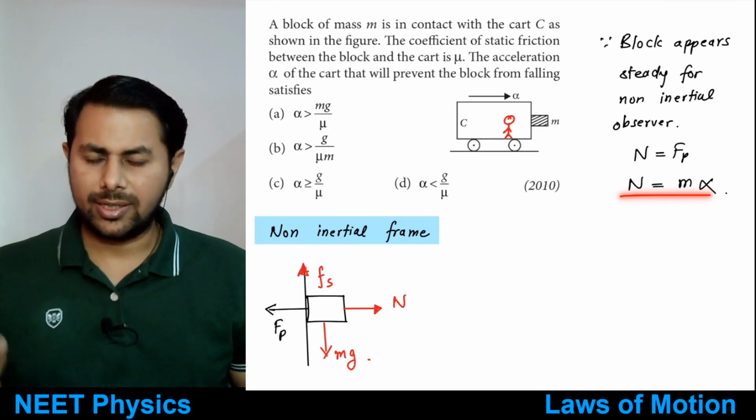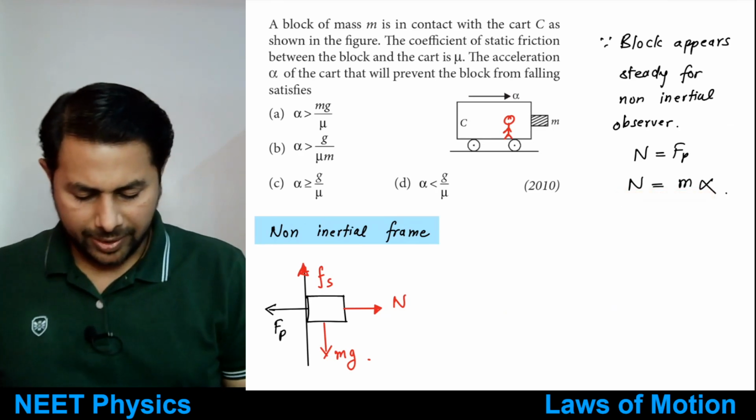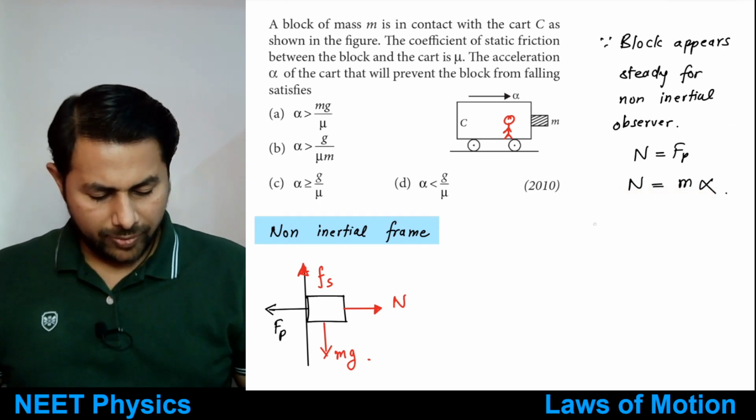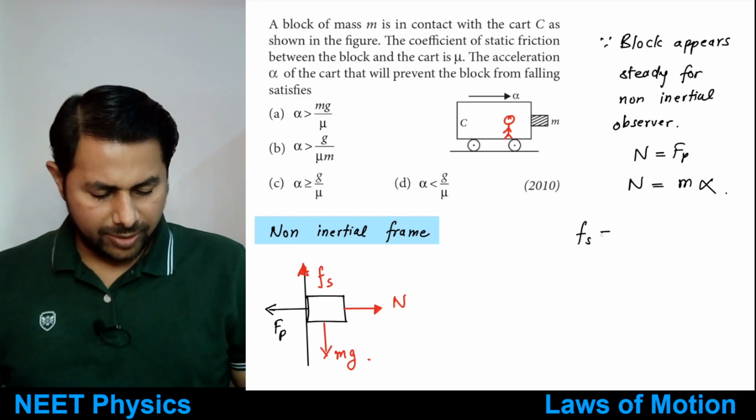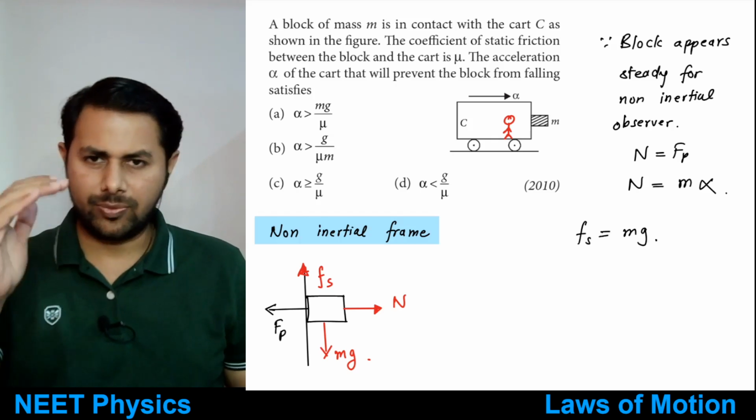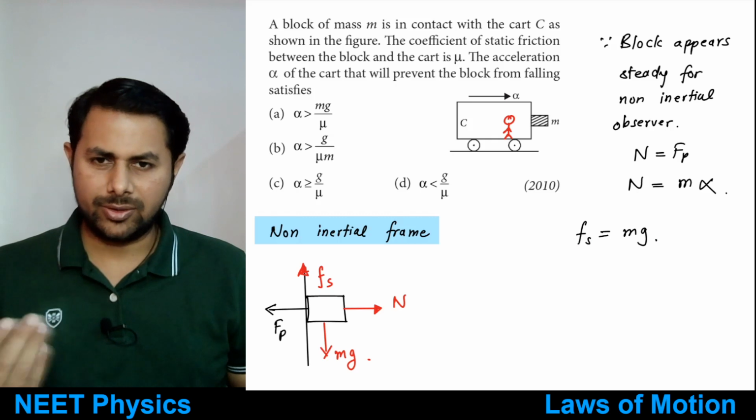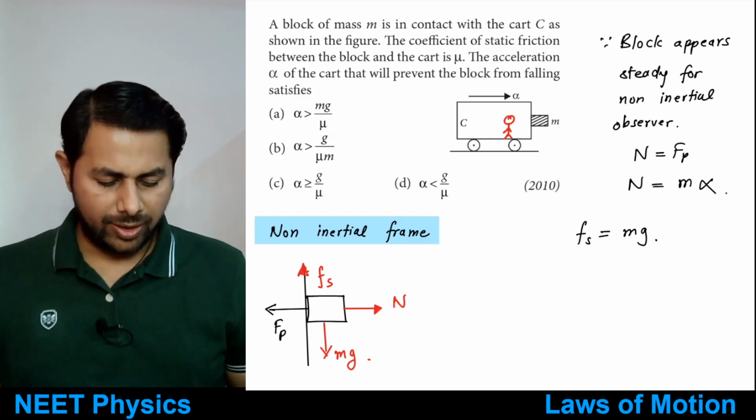So he found that N is equal to m times alpha, and then Fs must be equal to what? Mg, because it's not falling down, if it is not stuck with the wall by some adhesive.